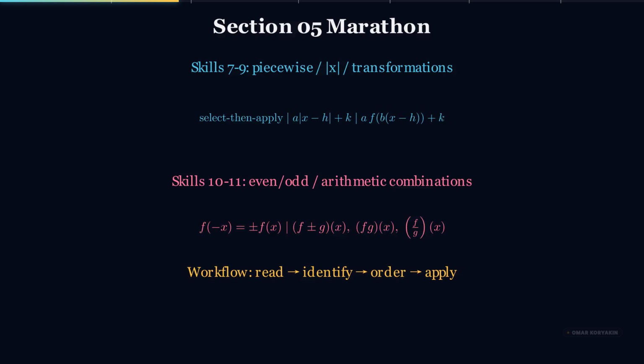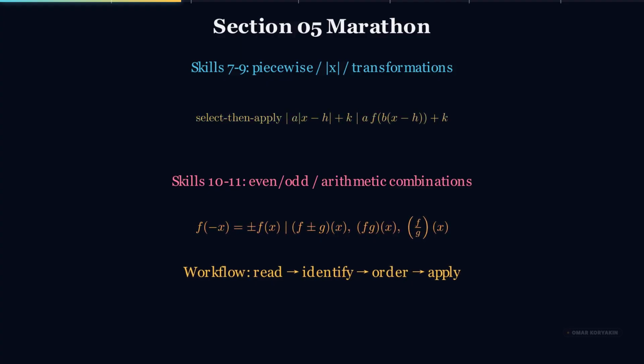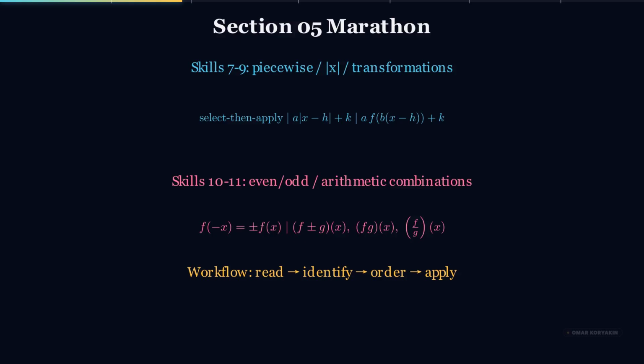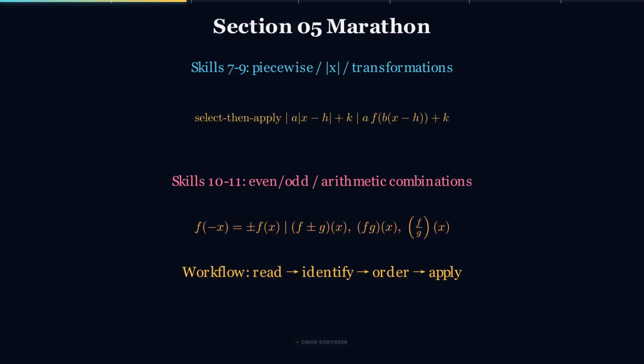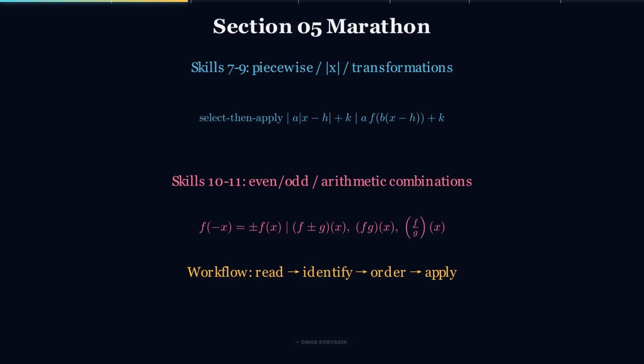Arithmetic combinations f plus g, f minus g, f over g with domain intersection plus 0 denominator restriction for division. When you face a mixed problem, the workflow is read, identify, order, apply. Today's two worked examples each combine 3 or 4 skills with the identification step made explicit, so you can practice the decision-making layer rather than just the mechanics.